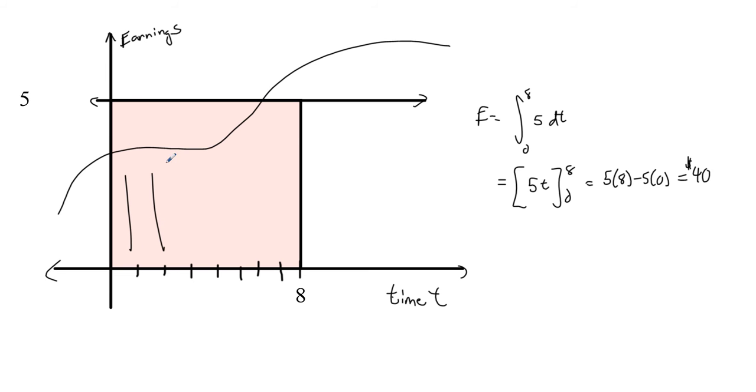Well, now we can just find that area that way, again with the integral, as long as we know what this function is. All right, so let's move on to some examples.